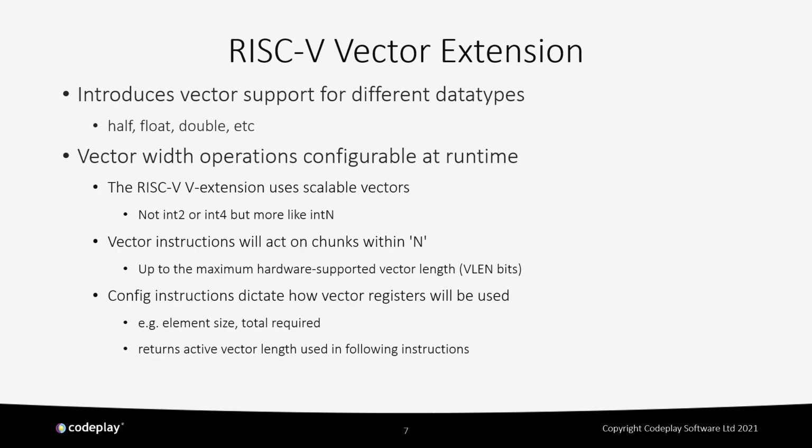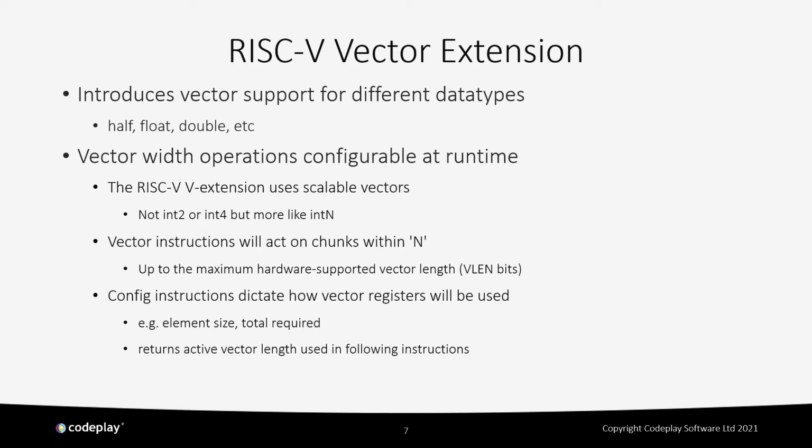The RISC-V Vector extension introduces vector support for all the data types that the ISA supports, such as half, float, or double, depending on what extensions are enabled. Unlike many other architectures, the vector width is configurable at runtime. The extension uses scalable vectors, not int2 or int4, but more like int n.